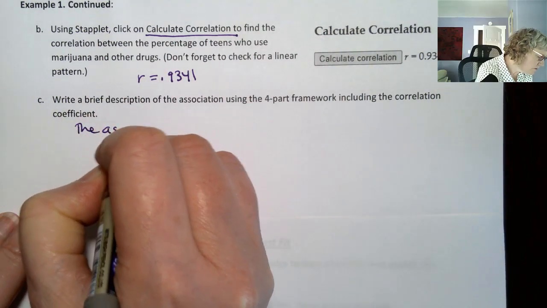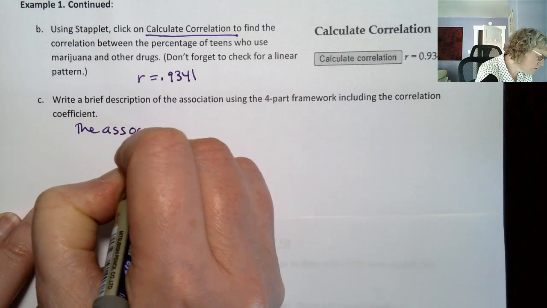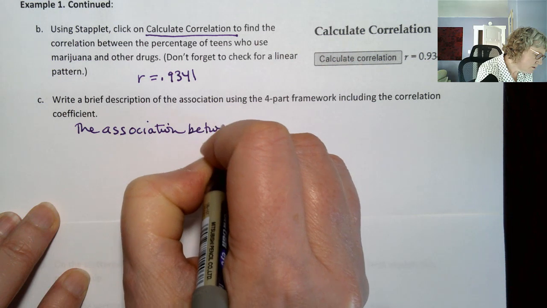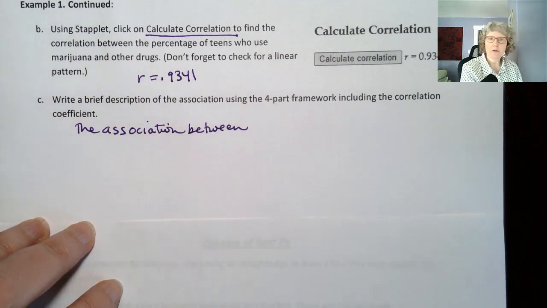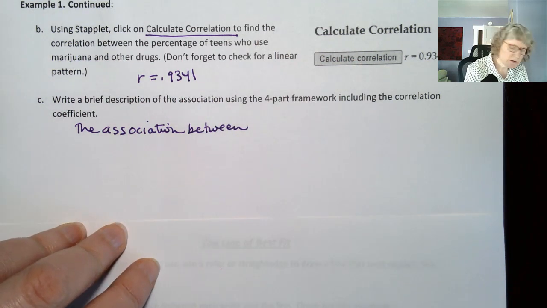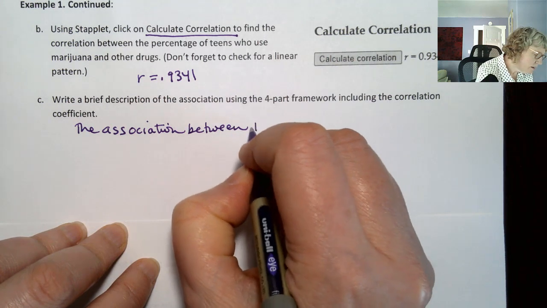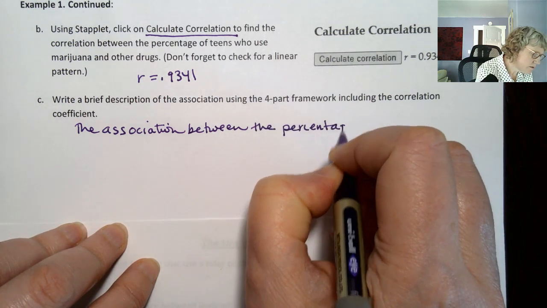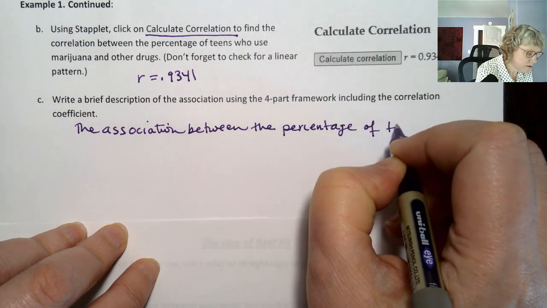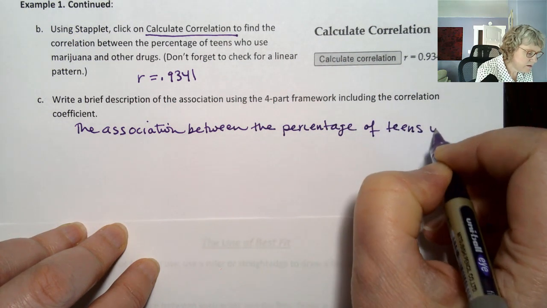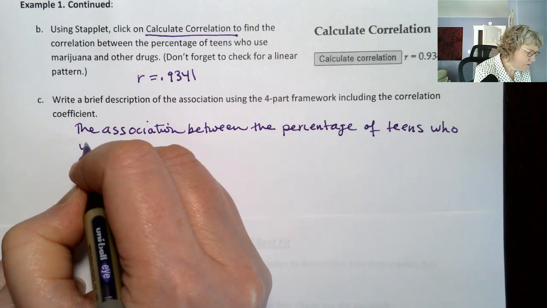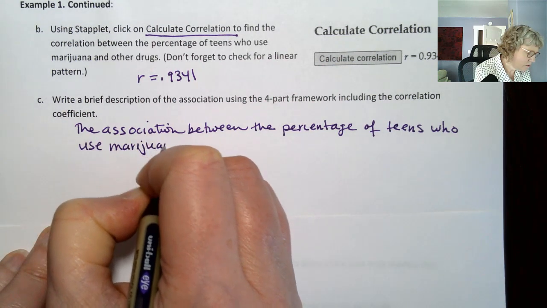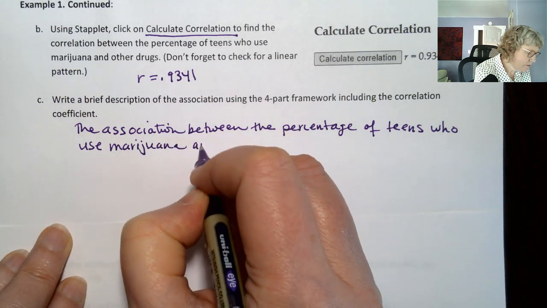So I'll say association between, and remember what our variables were, the percentage of teens who use marijuana and other drugs.